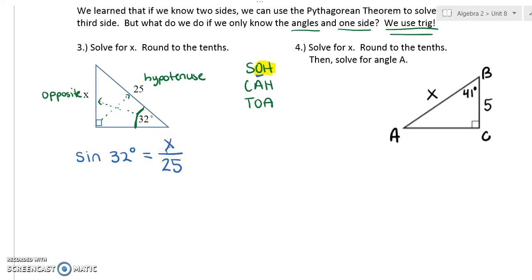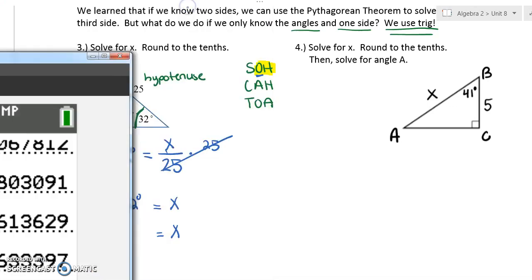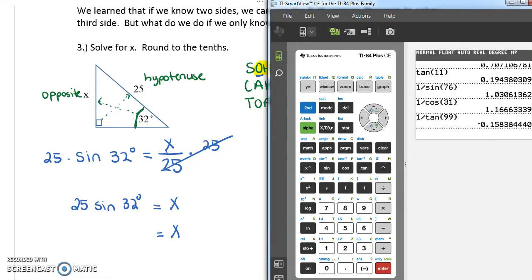Once we have the setup, it's almost like finding the missing side. We just have to solve it. So we multiply both sides by 25 to get x alone. x equals 25 times sine of 32 degrees, and we type this into the calculator to see what x is. I'll move it to the side.